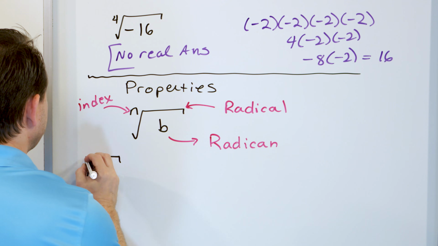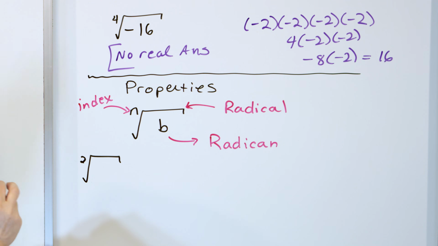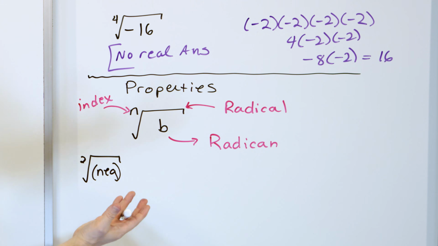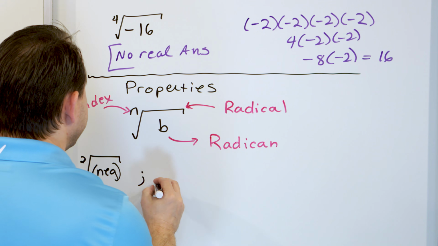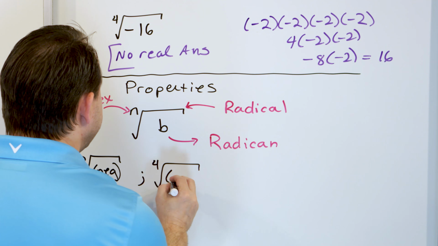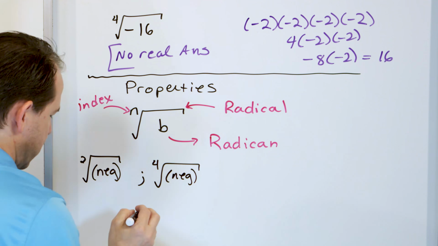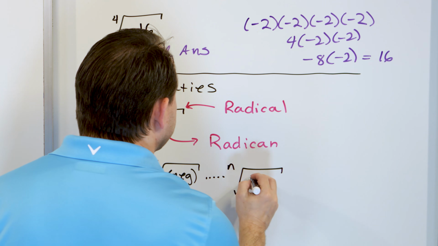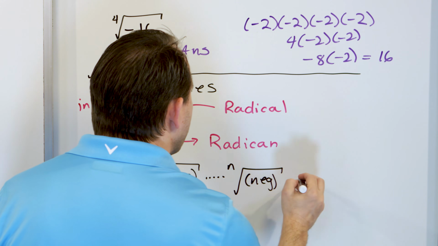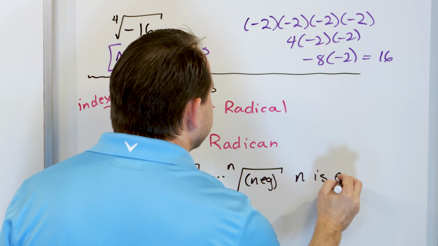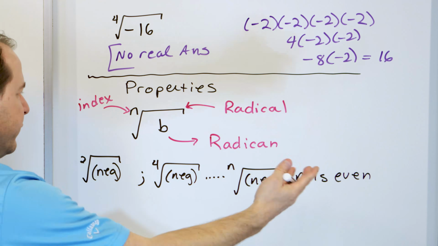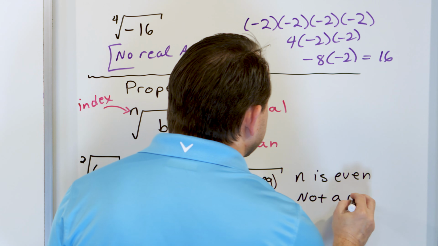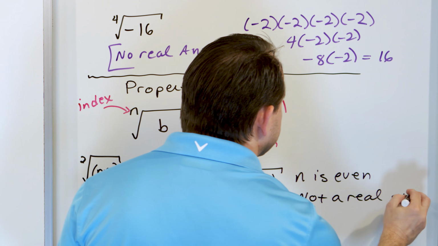If I have the square root, I'll go ahead and put the 2 there just to make it clear, of any negative number, negative 2, negative 6, whatever, or the fourth root of any negative number, and so on, where I might have the nth root of a negative number, where n is even, any even number, fourth root, sixth root, and so on, what you have is not a real answer.